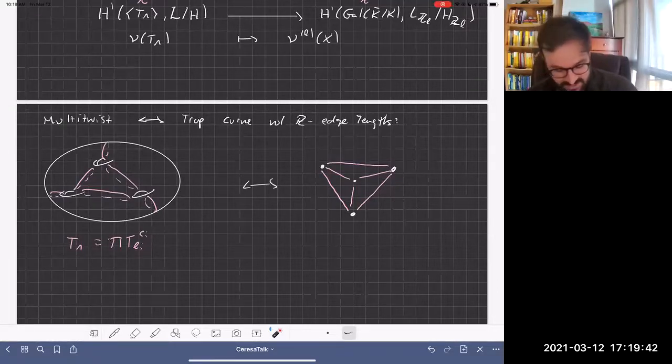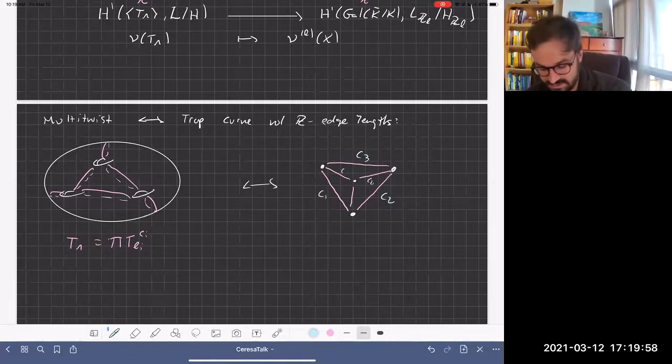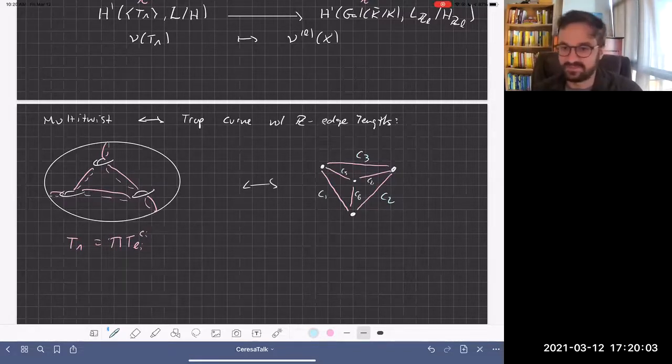The powers c_i that appear here will be the lengths that appear here, so it's like c1, c2, c3, c4, c5, c6, and you just map over the corresponding powers of the Dehn twists, like l3, l2, l1, l6, l4, and l5.